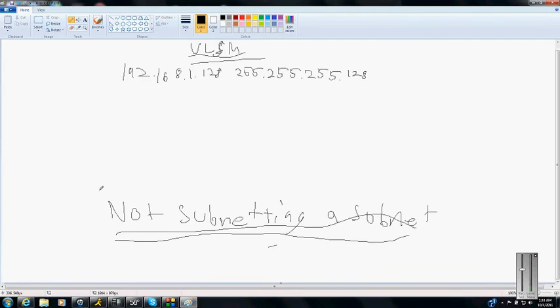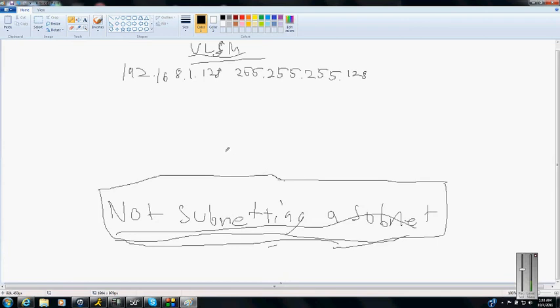Okay. Big. Huge. Because this throws people off, and this is what really bothers me: why people cannot learn subnetting. This is not subnetting a subnet.